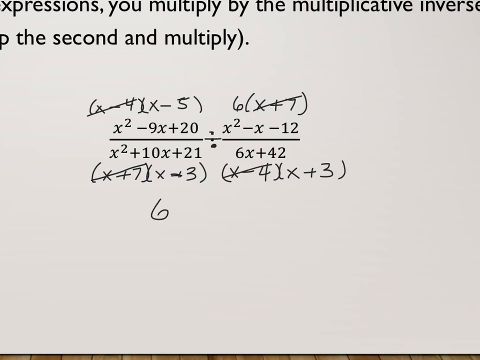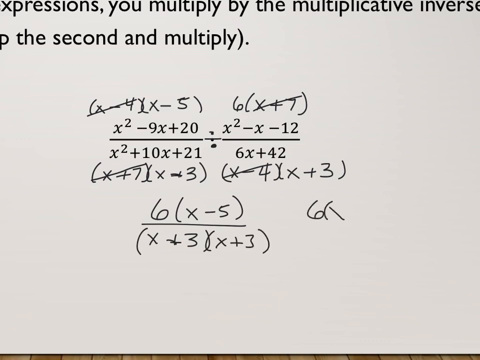So on the top I have 6 times x minus 5. And on the bottom I have x plus 3 times x plus 3. Which I could write like this. And it would be simplified. So I apologize for that, but that was originally a division problem. That's why I flipped the second and I multiplied.